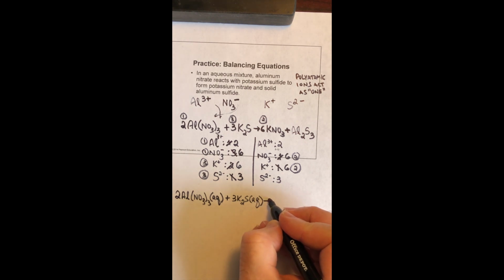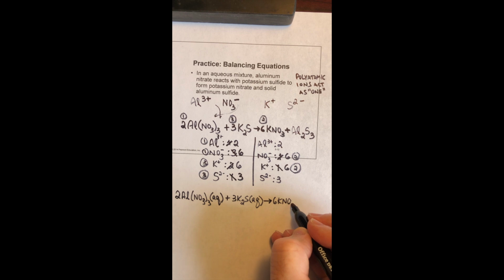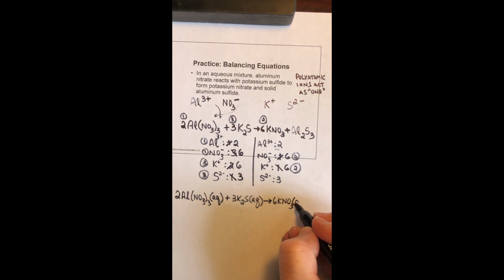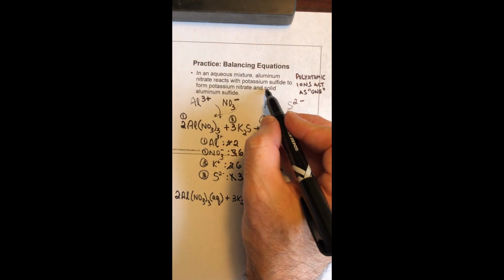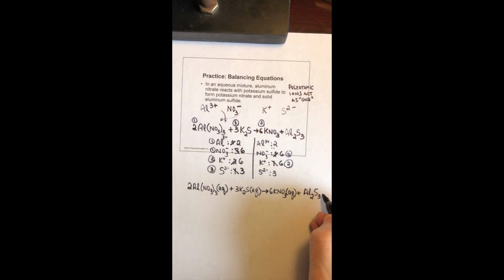And now my products are 6KNO3. There's no more information to tell us, so we assume that that is still in solution. However, it tells us there's a solid aluminum sulfide, which means that our last compound here, Al2S3, is actually now a solid.